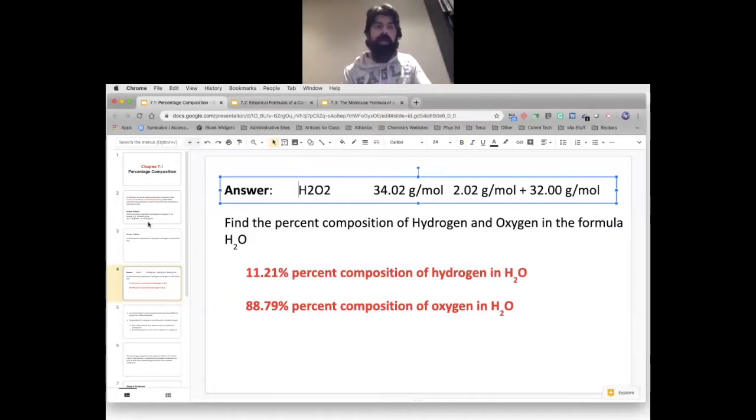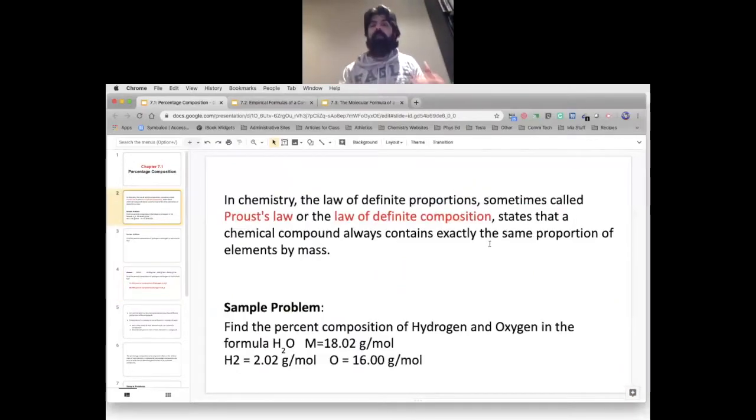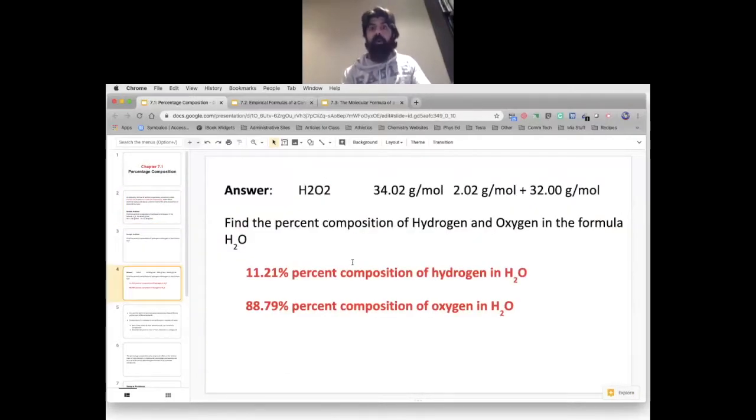So going back to the definition, they will always have the same proportions of elements based on their masses, right? So even though in this case, both examples contain hydrogens and oxygens, the ratio of hydrogens to oxygens vary. And because they vary, it will lead to different percent compositions for each atom in that formula.